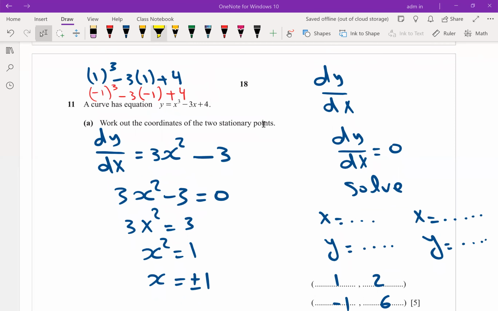Yes, whatever, x power of 5, x power of 10. Just drop the power by 1.